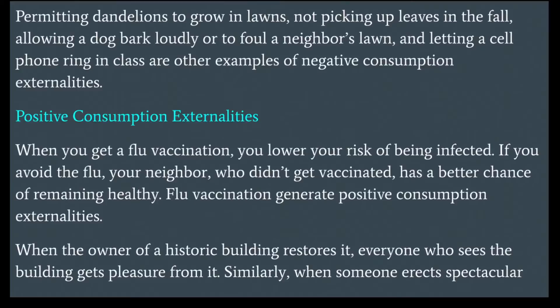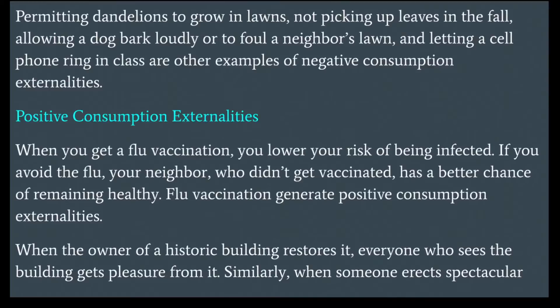Positive consumption externalities. When you get a flu vaccination, you lower your risk of being infected. If you avoid the flu, your neighbor who didn't get vaccinated has a better chance of remaining healthy. Flu vaccinations generate positive consumption externalities. When the owner of a historic building restores it, everyone who sees the building gets pleasure from it.